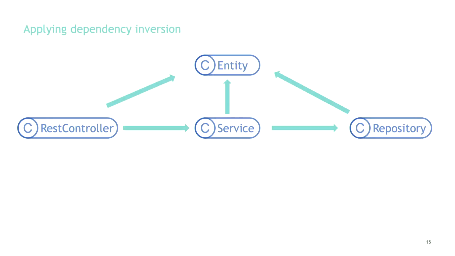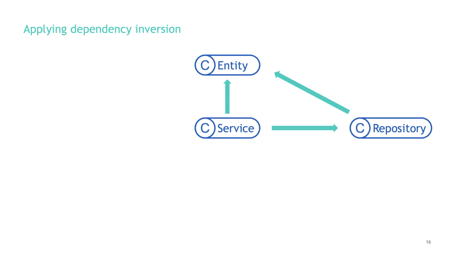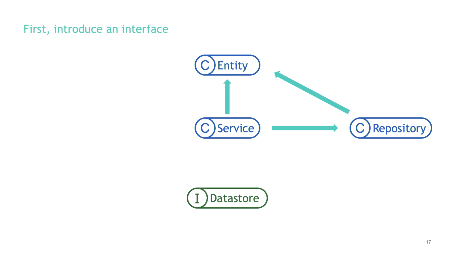Coming back, this is what we started out with. For now, we can forget about the REST controller, because the service doesn't depend on it anyway. To get started, we first introduce an interface, and then we make the repository implement that interface.